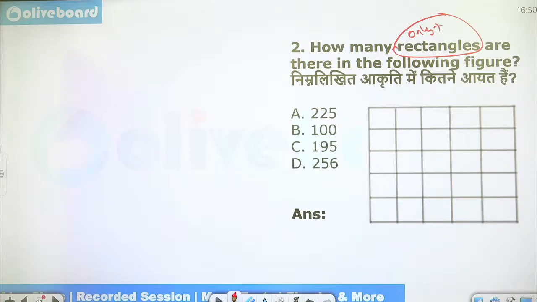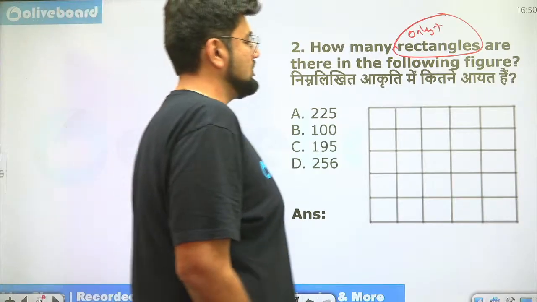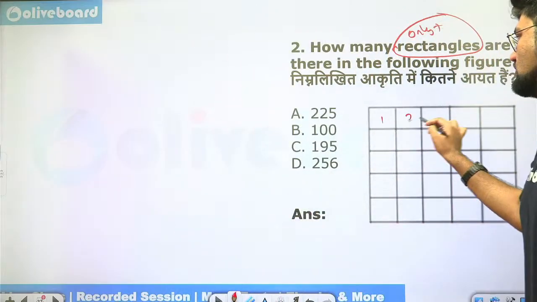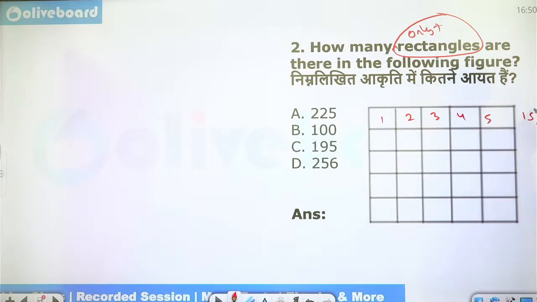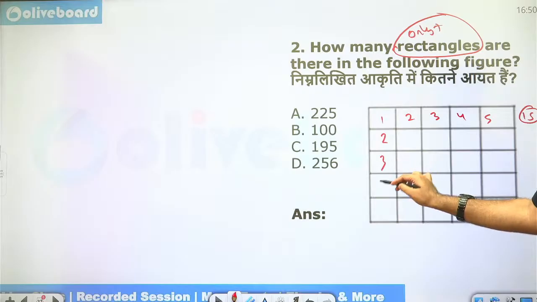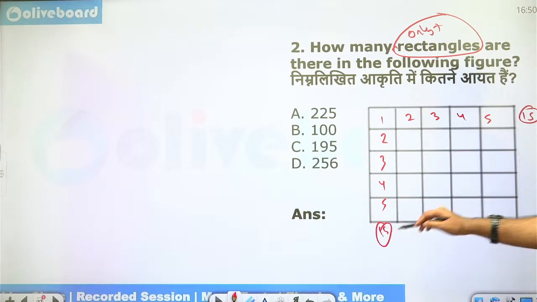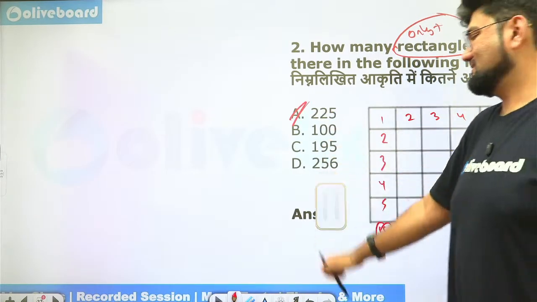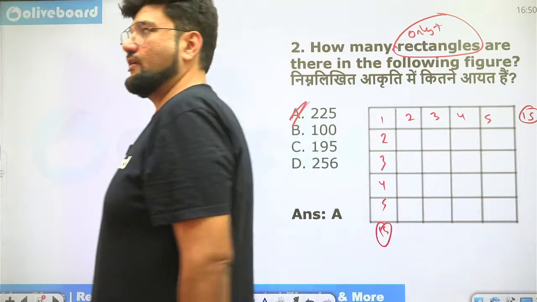So normal rectangles are quite easy, I think. If I add the parts here, part 1, 2, 3, 4, 5. So there are 15 rectangles here. 1, 2, 3, 4, 5. 15 here. 15 into 15 is 225. That's my answer. Total 225 rectangles or 225 quadrilaterals.